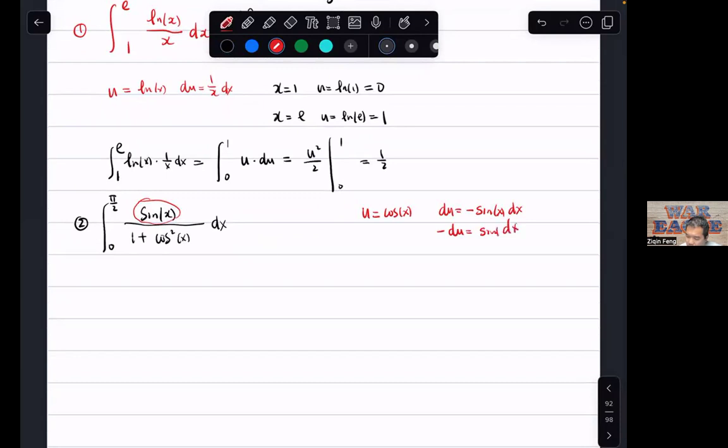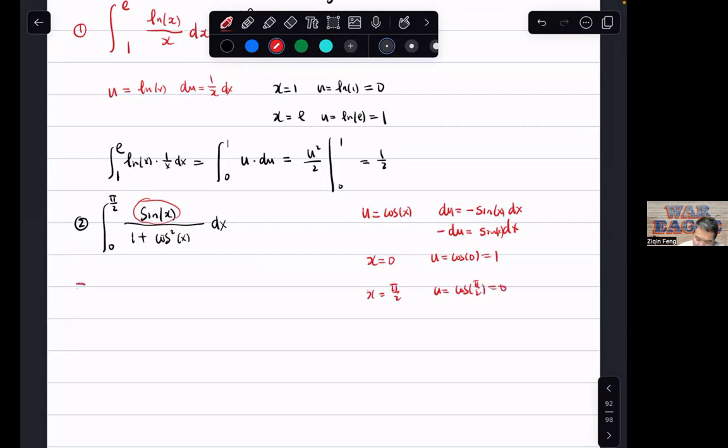Now let's see the lower bound and upper bound of this new variable. When x is 0, u equals cosine of 0, which is 1. When x is pi over 2, u is cosine of pi over 2, which is 0.